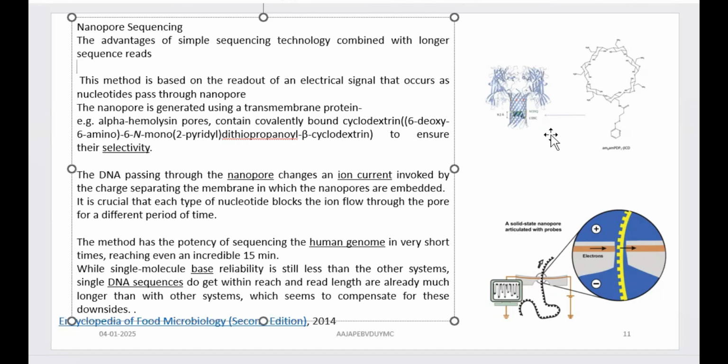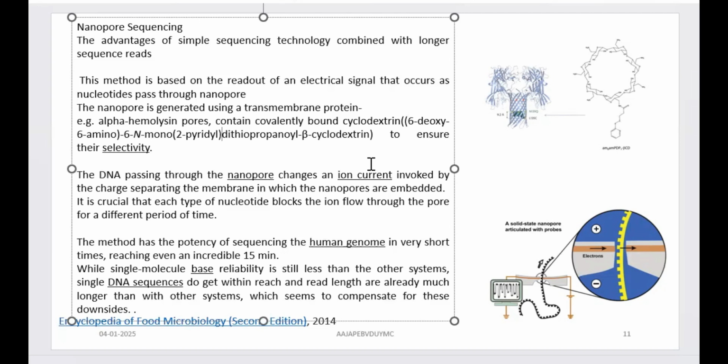Or here is the schematic diagram that shows the alpha hemolysin pores, which is having covalently bound cyclodextrin, the 6N mono cyclodextrin molecule. Of course, you need not remember the entire structure, but for your understanding, I'm just reading it out: 6-deoxyamino-6N-mono-pyridyl-dithiopropanil cyclodextrin.